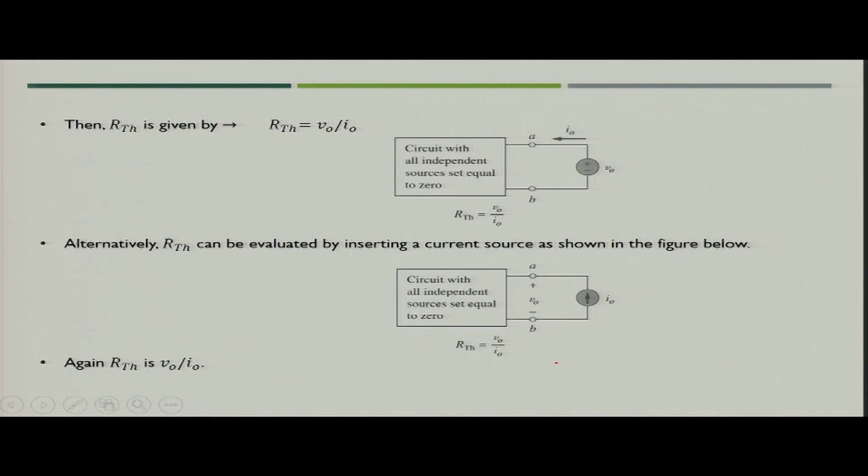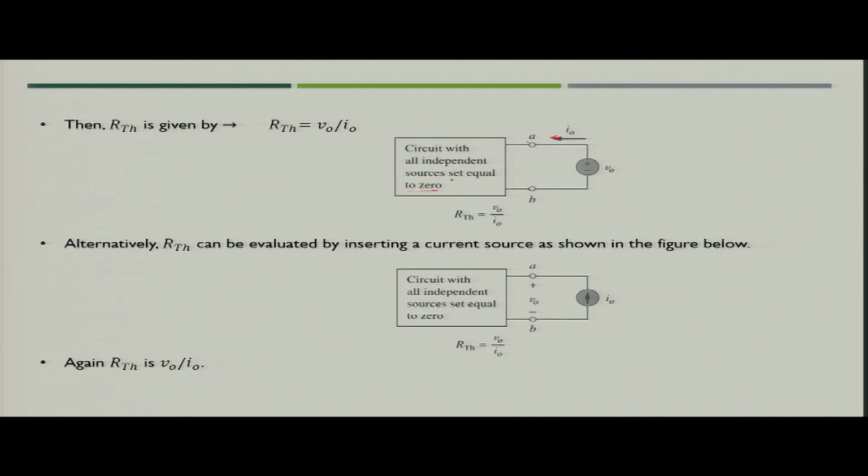So, what does it mean? If you have a circuit with all independent sources set equal to 0 and all the dependent sources kept connected with the network, the terminals A and B would be supplied with voltage V naught, which will supply some current I naught.